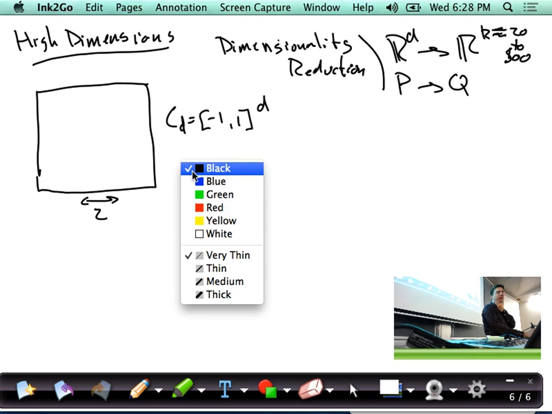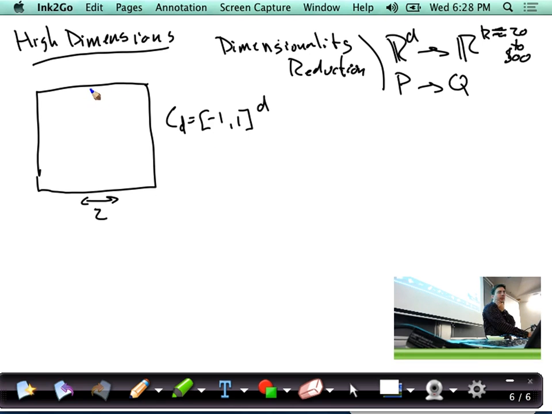We'll call this CD. And then we're going to compare this to a ball that just barely fits inside this box. Let's see if I can draw the ball reasonably. I'm sorry, I'm still learning to draw with this stylus thing.